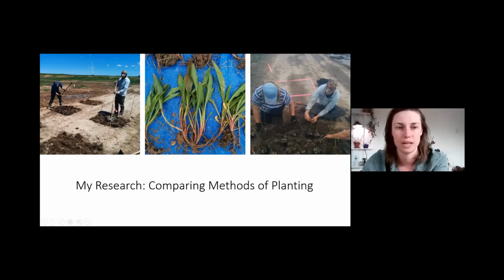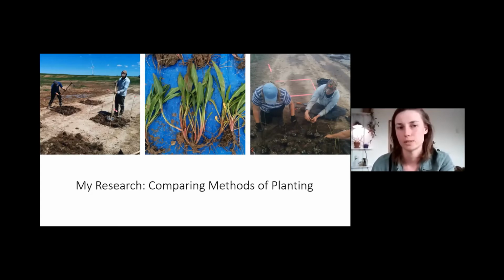So on the left here, I established these sort of small plots and then added plants in a different way in each of them. And the treatments that I did were planting potted seedlings on the right, you can see, and in the middle, field transplants, so just digging up plants from the field and transplanting those. And then I also added seed in a couple different ways, so I just sowed seed directly.